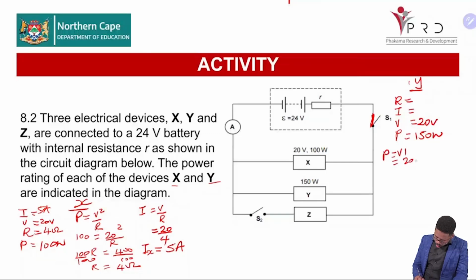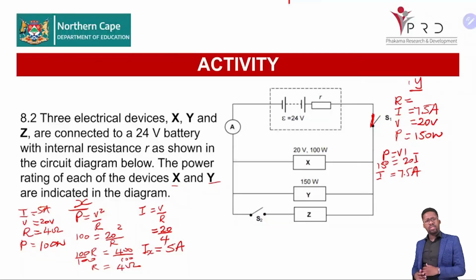Power is equal to 20 times I, and we know our power is 150. Then we divide both sides by 20. 150 divided by 20, our answer will be 7.5 amperes. So now we know I will be 7.5 amperes.